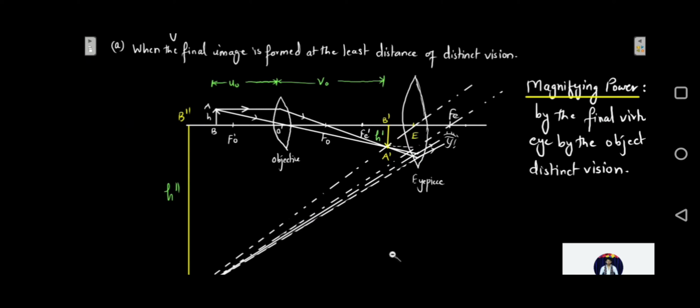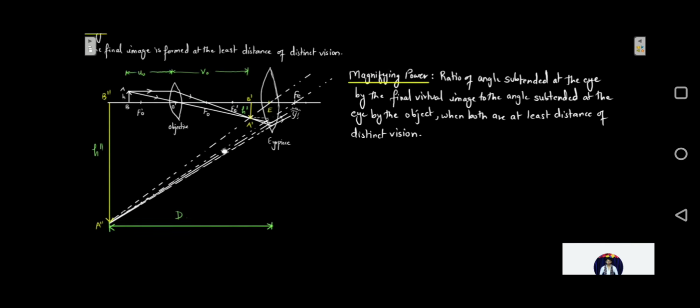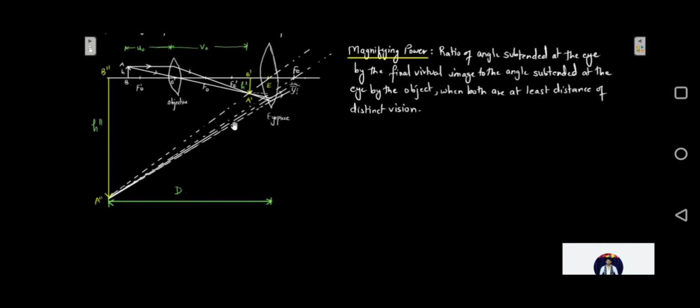Magnifying power is defined as the ratio of the angle subtended at the eye by the final virtual image, that is A double dash B double dash. Here we make the same assumption that as the eye is held very close to the lens, the angle subtended at the lens may be taken as the angle subtended at the eye.